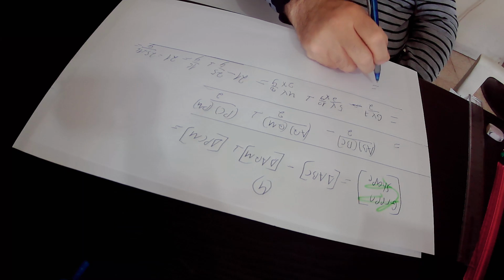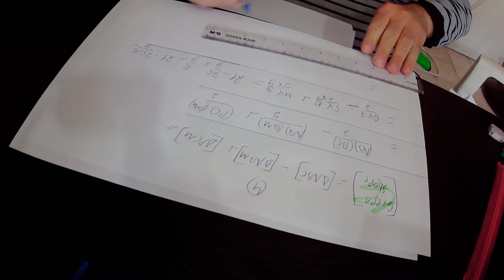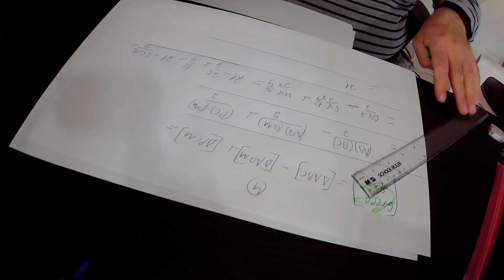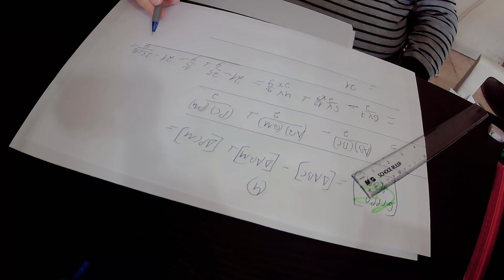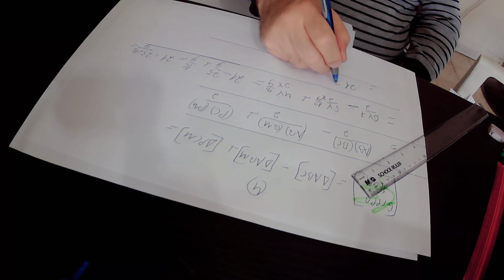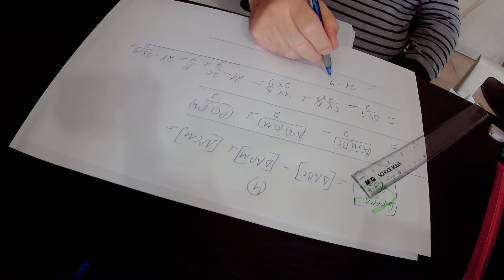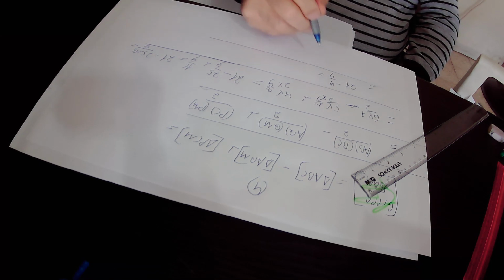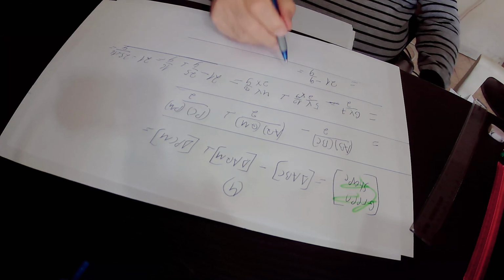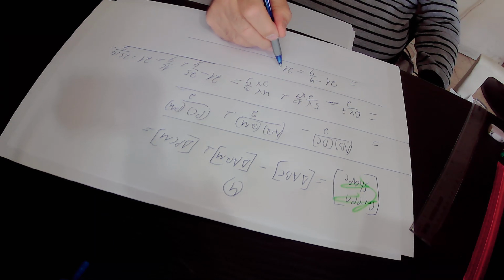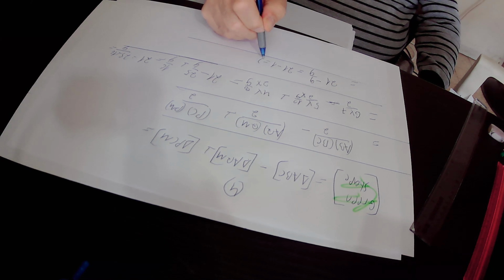So the area of the green shape equals 21, and here we have minus 25 plus 16 is minus 9. So this expression equals minus 9 over 9. So the area of the green shape equals 21, and minus 9 over 9 is minus 1. 21 minus 1 is 20.